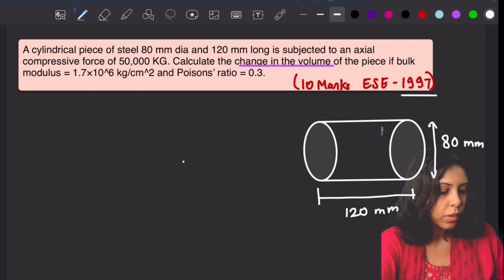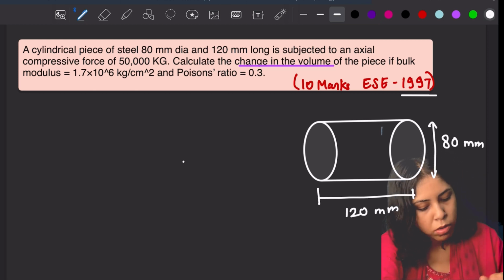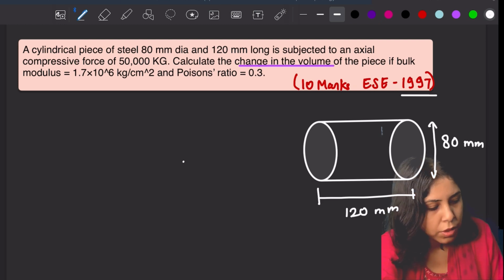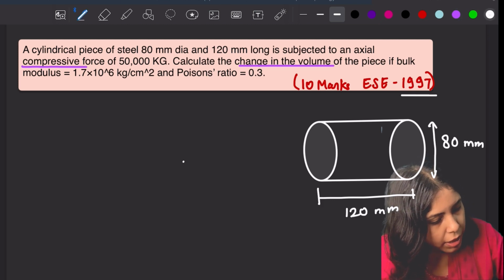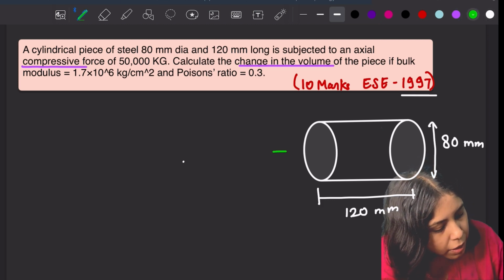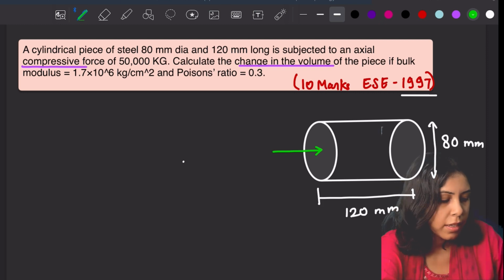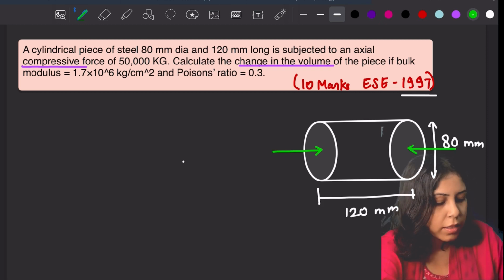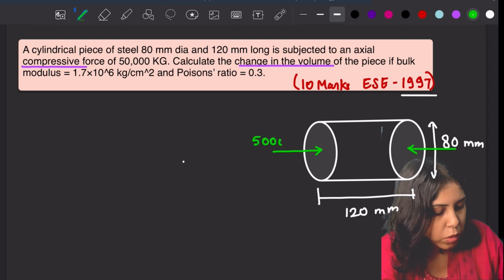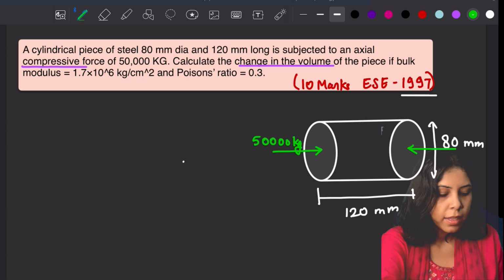They have given a 50,000 kg compressive force, so the force nature is compressive. This 50,000 kg force is applied on the object like this here and like this here. We have to calculate the change in the volume.